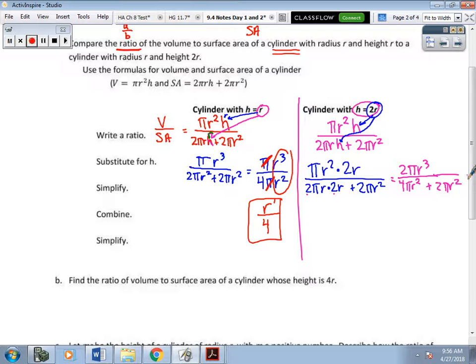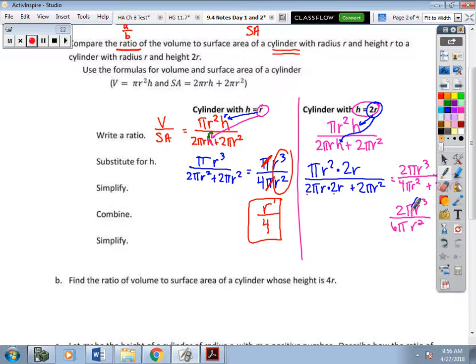In the denominator, we can again combine our like terms, since they both have the same exponent and the same variable. 4 pi plus 2 pi will get us 6 pi r squared. Again, our pi's will divide out. We can simplify 2/6 to be 1/3, and our r's, 3 minus 2, gets me r to the first.